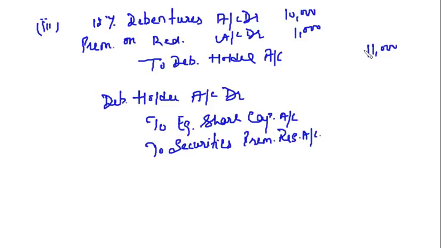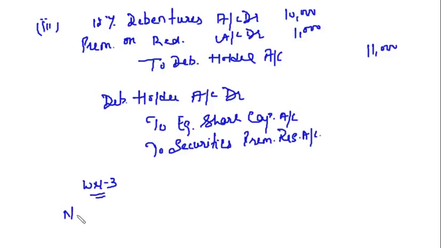Now you have to pay this debenture holder 11,000 and the securities premium. For that, you will first need to find out the number of equity shares that have been issued. Only then you can bifurcate the premium and the capital amount. Here you can't say in this 11,000 what is the equity share capital and what is premium. How you will know that? You don't know that, right?